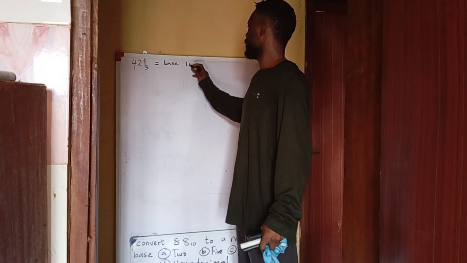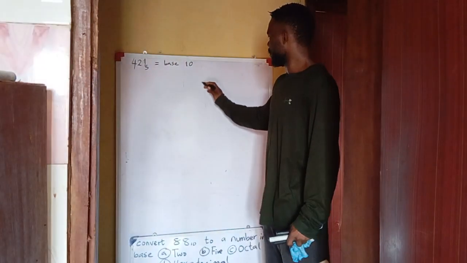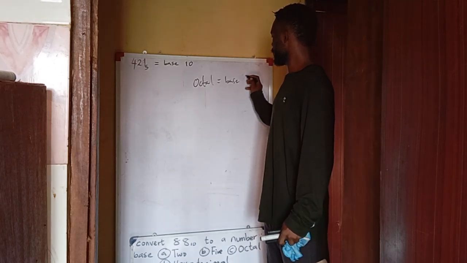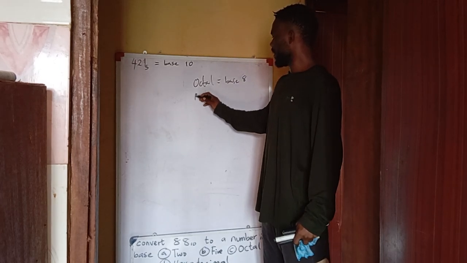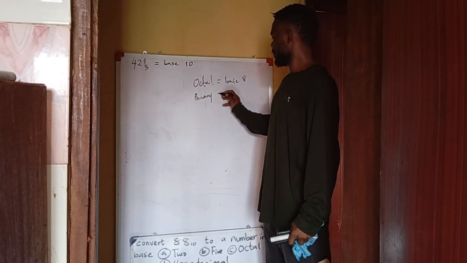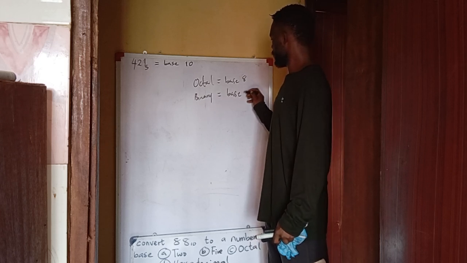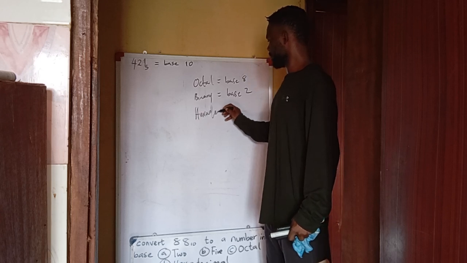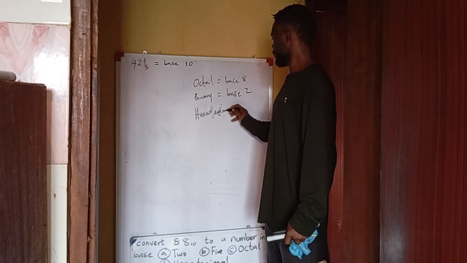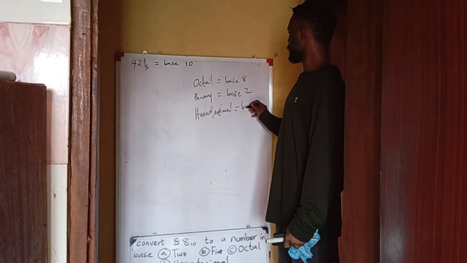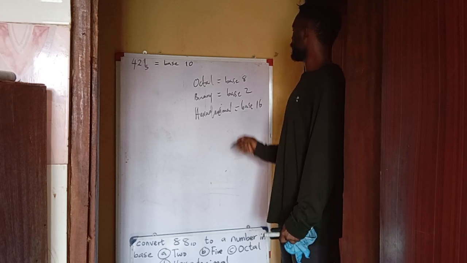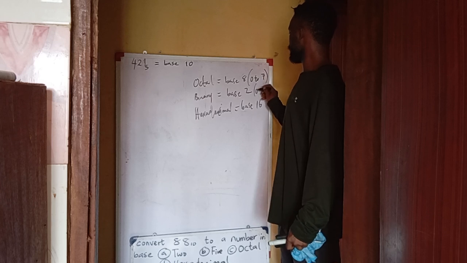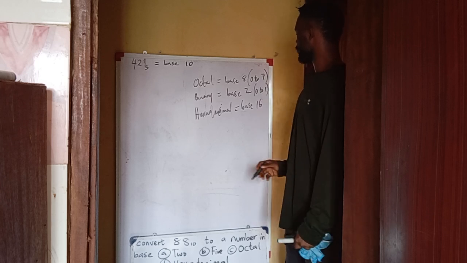Decimal is base 10. Remember, octal is base 8, binary is base 2, hexadecimal is base 16. Octal digits go from 0 to 7. Binary digits go from 0 to 1; you cannot have anything above that.